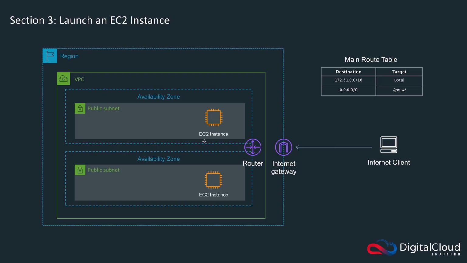Your EC2 instance must have a public IP address. You need to have an internet gateway which is attached to the VPC, and you need a route table entry which points to the internet gateway. So your instance has a public IP, you have a route table which is assigned to the subnet, and that route table has a route that points to the internet gateway. If you have all of those things, then you've got internet access.